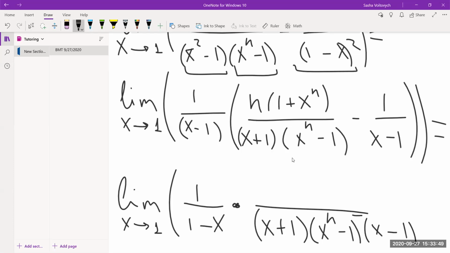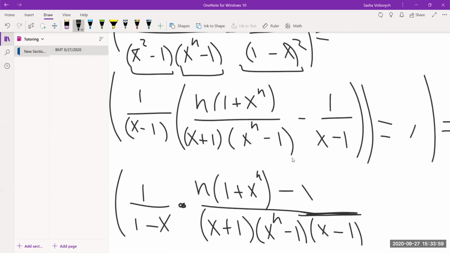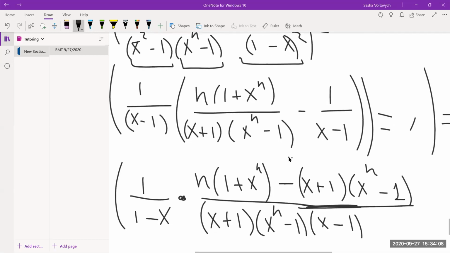So in the numerator, we will have this, and from it we subtract x plus 1 times x to the power of n minus 1.